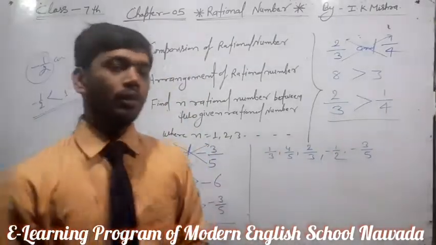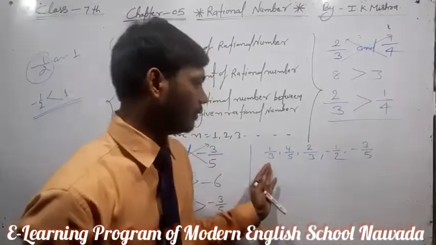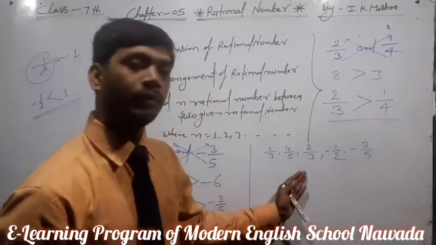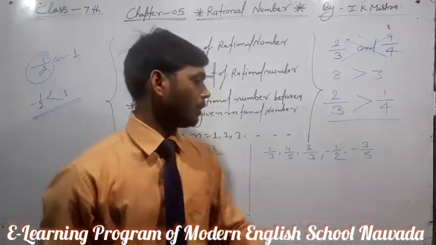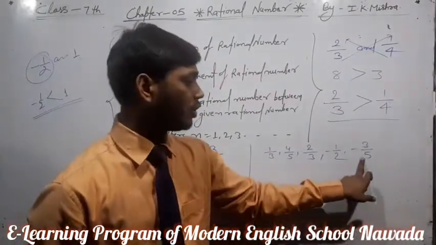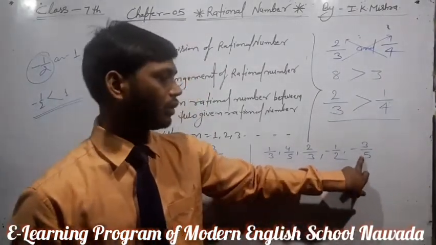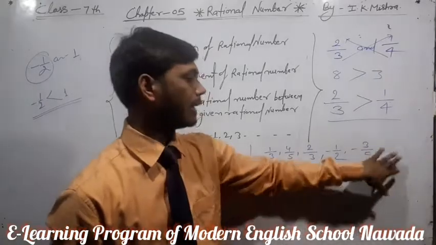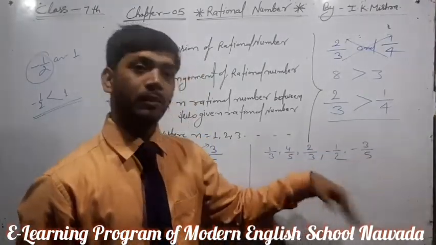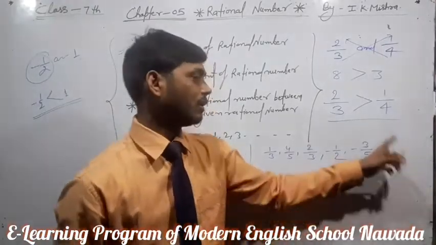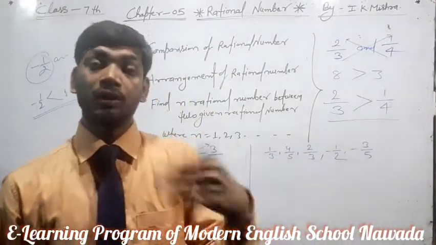First of all, find the LCM of the denominators. If you observe that a denominator is negative, then first make the denominator positive by multiplying by minus 1 in the numerator and denominator both. That means you first have to change the rational numbers into standard form.